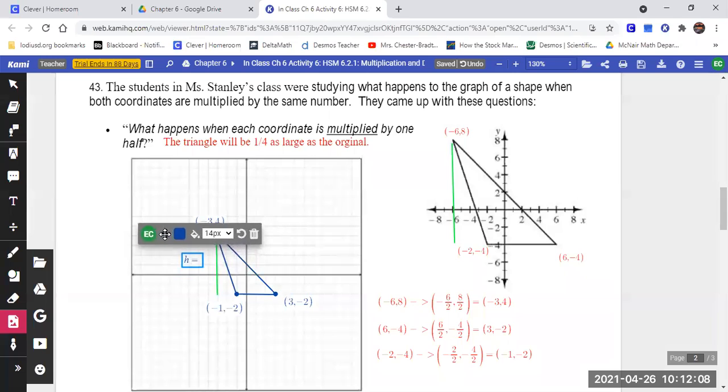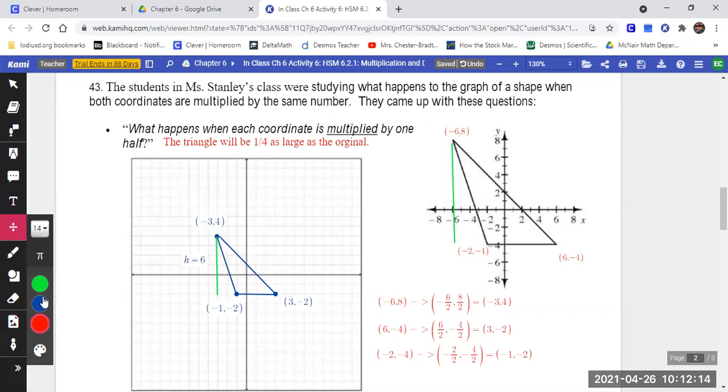Okay, so then I'll move that over here. Height 6. Got it. How about the original? Height of, I started at +8 and went all the way to -4. What would that be?